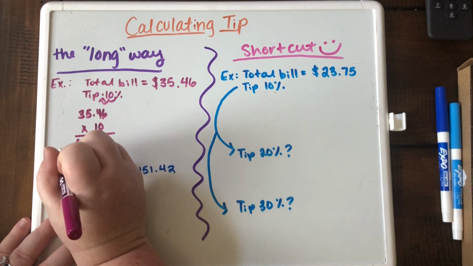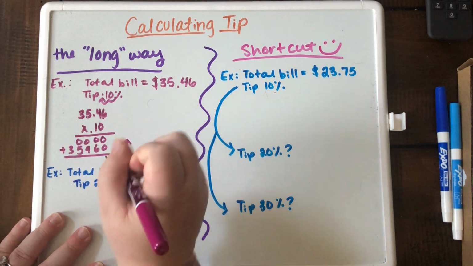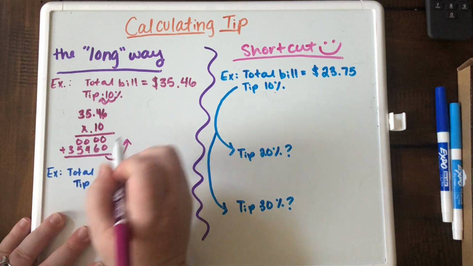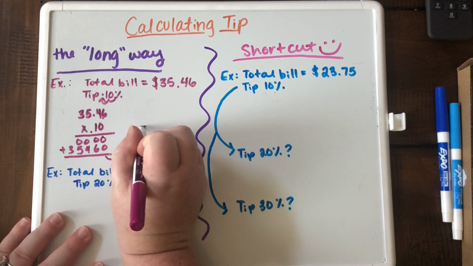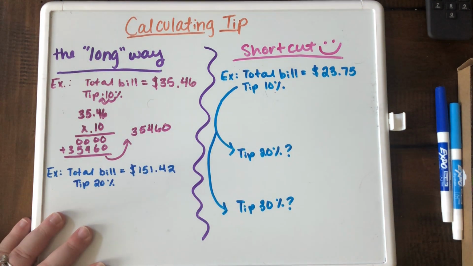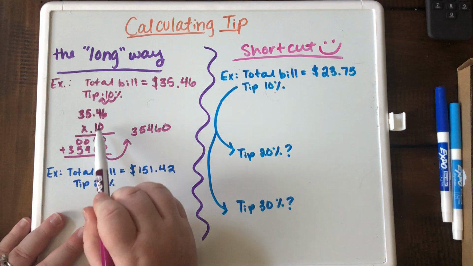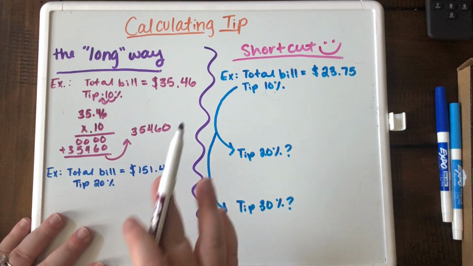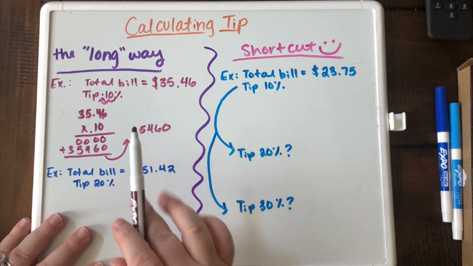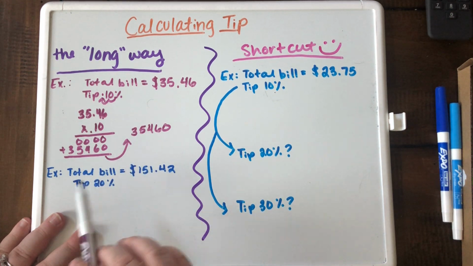And then we're going to add these up, but I am going to put it over here so I don't run into this next example. We get 3, 5, 4, 6, 0. Now, just a quick little reminder that when we're multiplying with decimals, you multiply just like normal as if we were dealing with whole numbers. You don't deal with moving decimals until the very, very end.